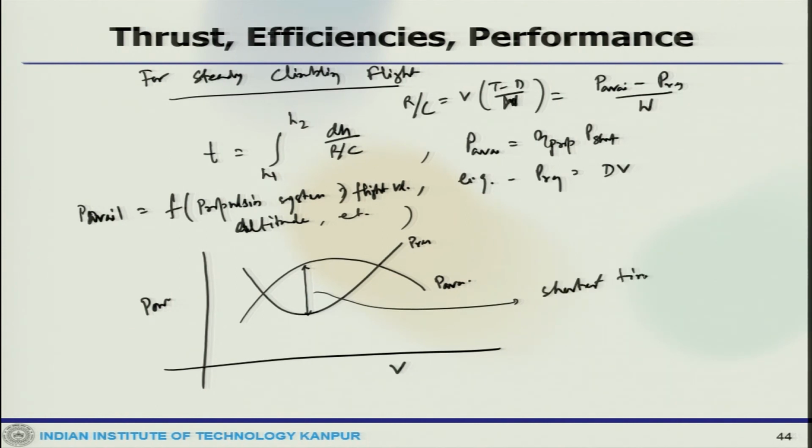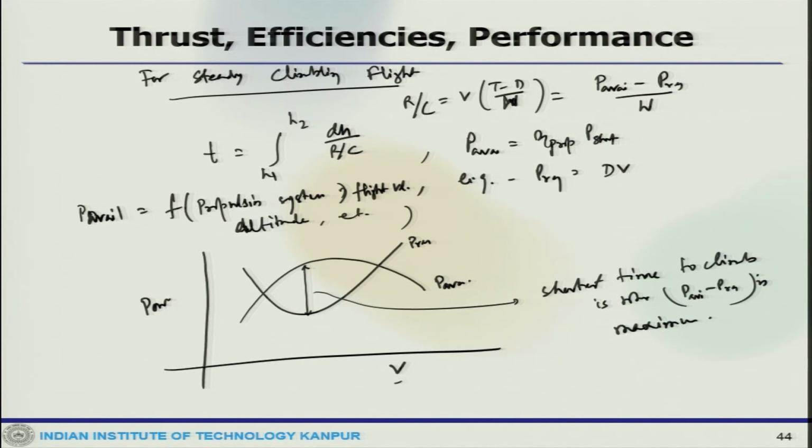shortest time to climb, where P avail minus P required is maximum. So, this is a typical behavior of power available as a function of flight speed.